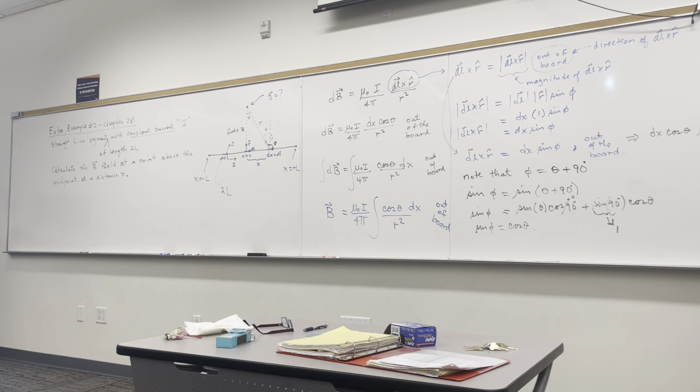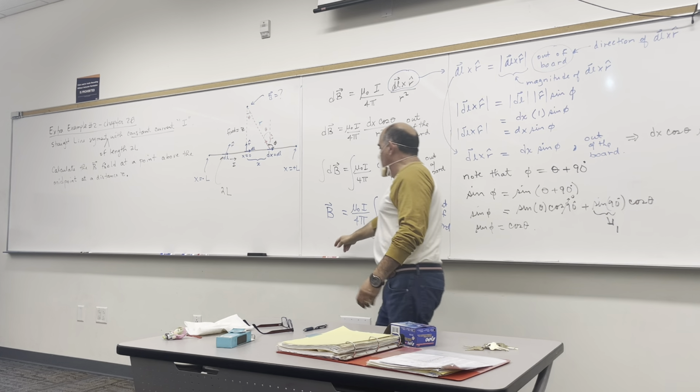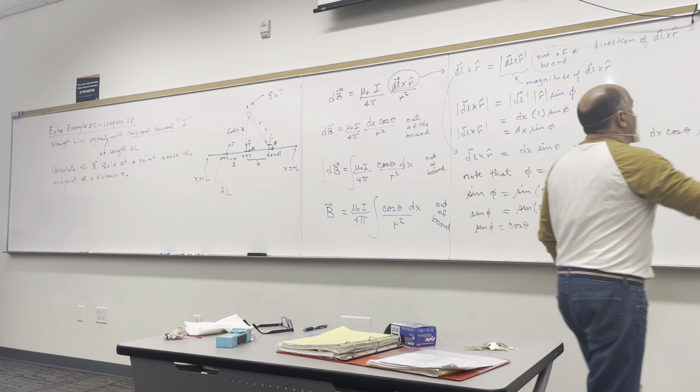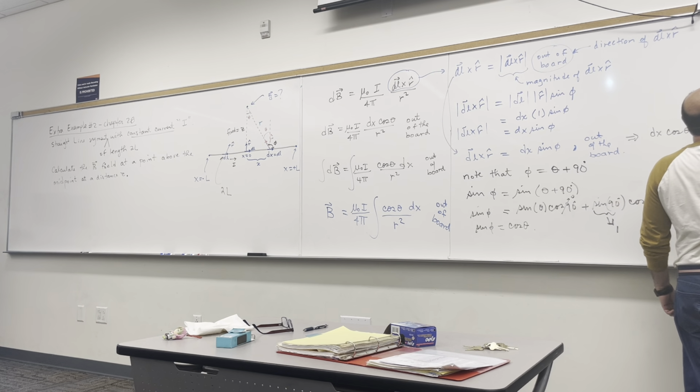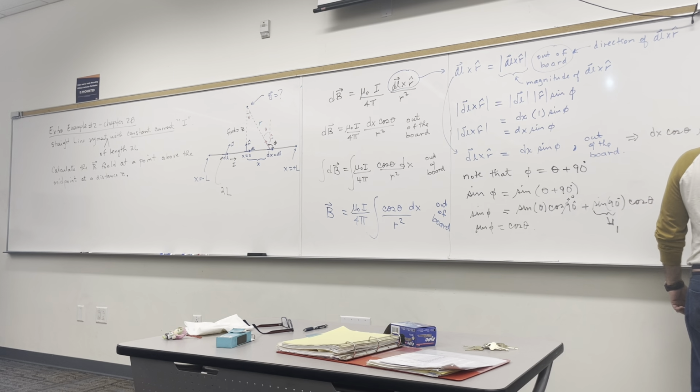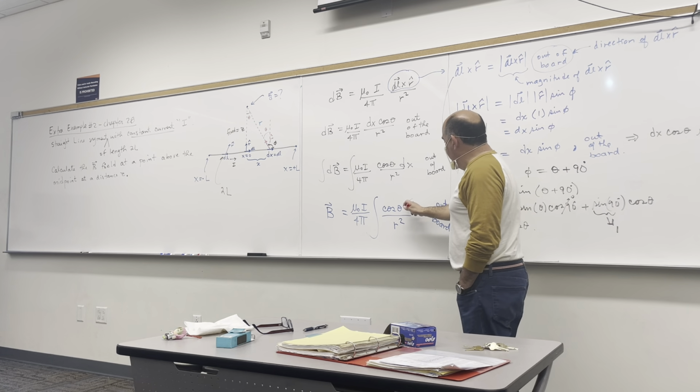So what I'm going to do is use this here. So notice that x equals z tangent of theta, right? I have a dx over here that I need to deal with.